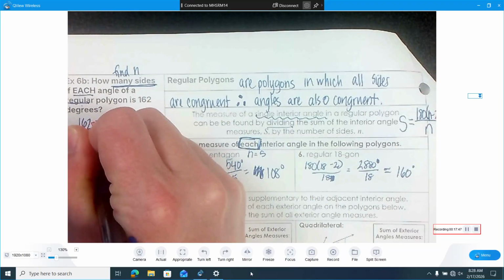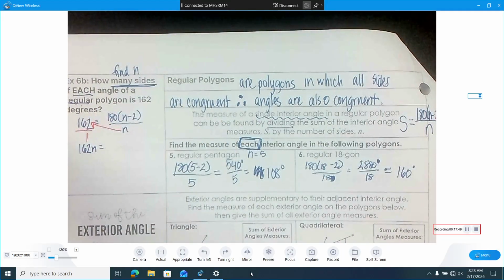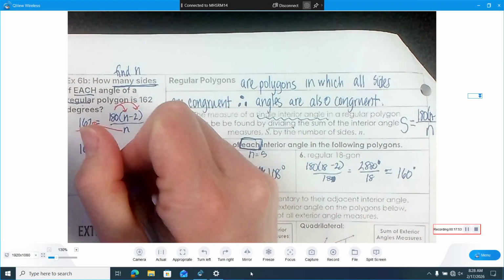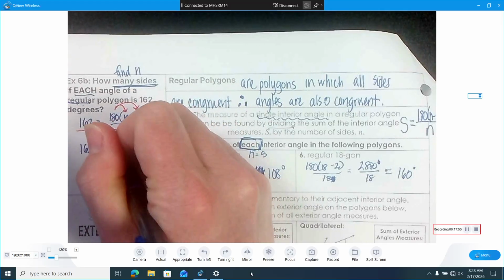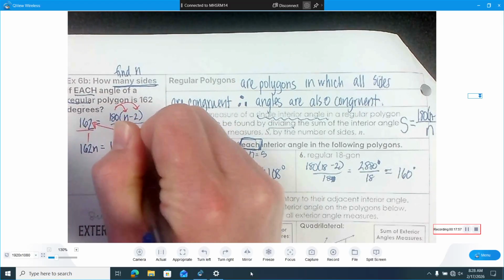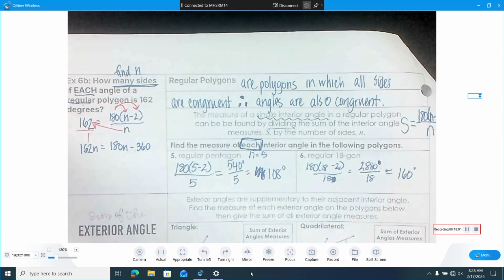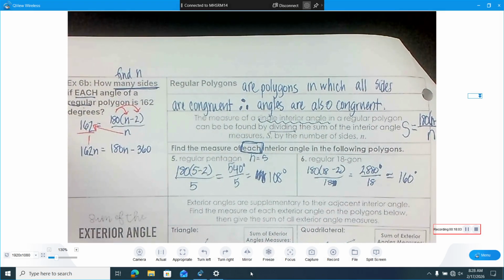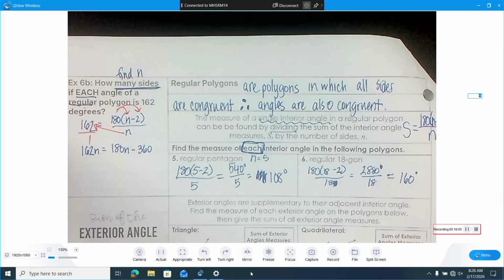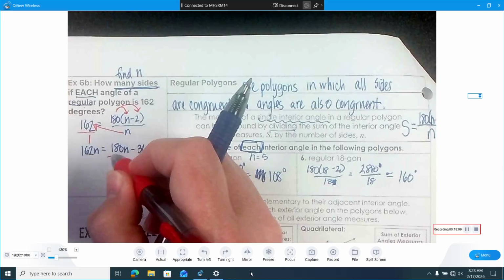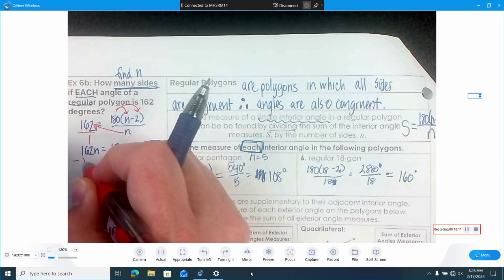So 162n equals, and I think I will go ahead and distribute, so you don't have to, but you can. I'm going to distribute that 180, so I get 180n minus 180 times 2, which is 360. Now what do you want to do? Minus 180n, minus 180n.